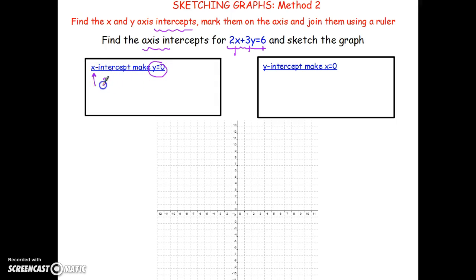So here's our equation, 2x plus 3y equals 6. I'm just going to substitute y equals 0. So instead of y, I'm going to write 0.